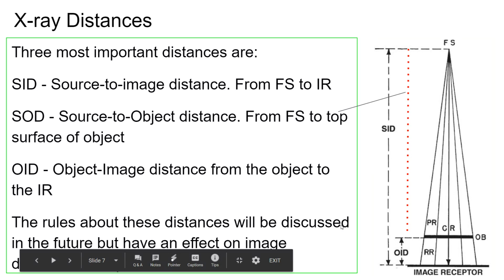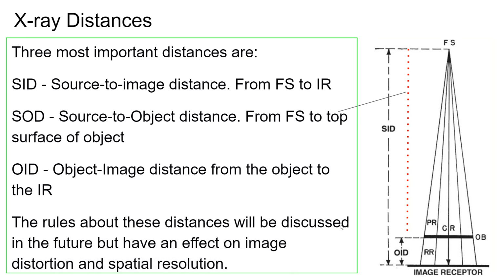Not only do they have an effect on the magnification of the image, and SID also has an effect on magnification, if I didn't mention it, but it also has an effect on the spatial resolution of the image. The OID and the SID. OID, though, is much more evident than SID in terms of how it affects things.